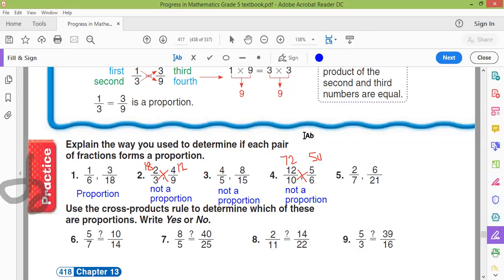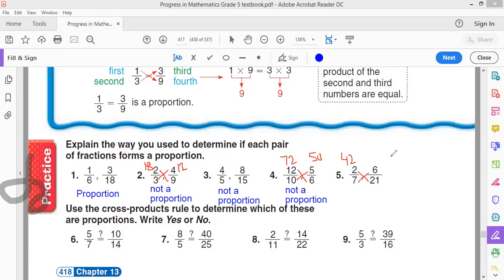Okay, Muhammad. Proportion. How is it a proportion? Tell me. 2 times 21 is 42.